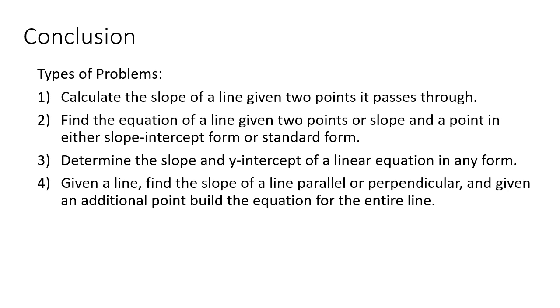The second type of problem is taking it one step further than that. You should be able to build the entire equation of a line once you find the slope and you know a point. And you should be able to write that final answer in either slope-intercept form, solve for y, or standard form, ax plus by is equal to c.